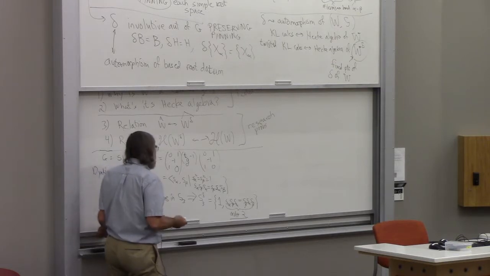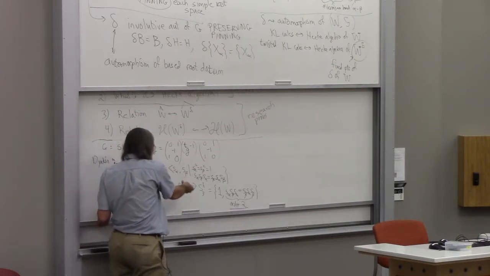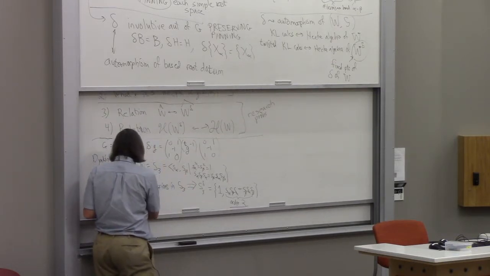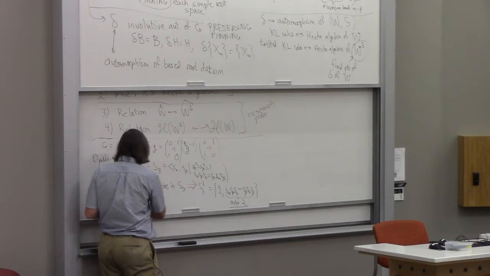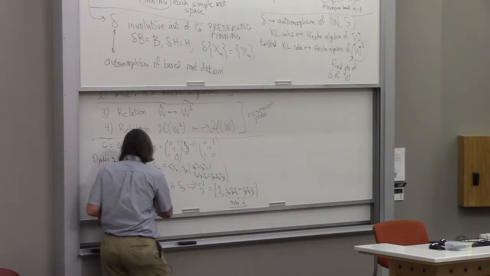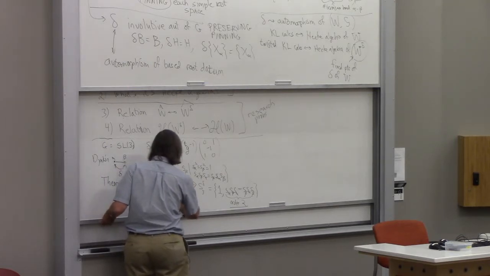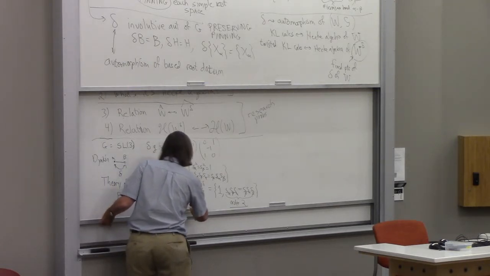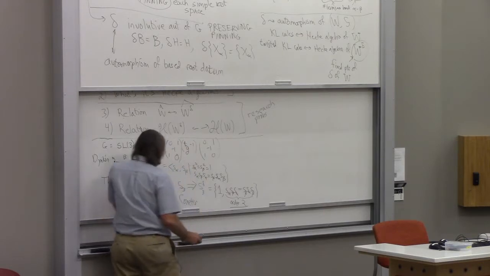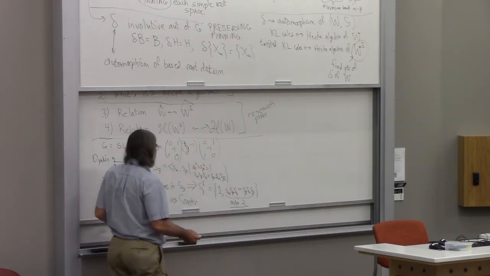So this presents W over delta as a Coxeter group. There's a single generator.